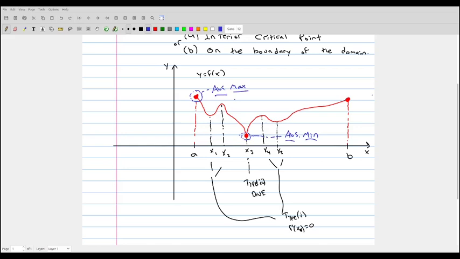So it occurs at the boundary point of a. So this is a nice example function showing exactly where the absolute max or global max and min of a function can occur. So it illustrates this theorem for us.